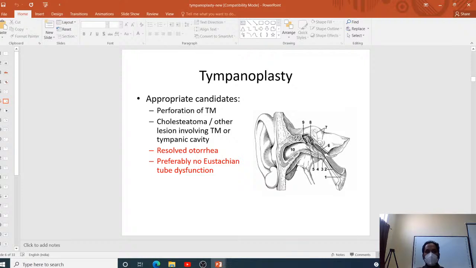The appropriate candidates for tympanoplasty are patients having perforation of the tympanic membrane, and sometimes cholesteatoma or any other lesions involving the tympanic membrane or tympanic cavity. Also in cases of resolved otorrhea, preferably with no eustachian tube dysfunction.